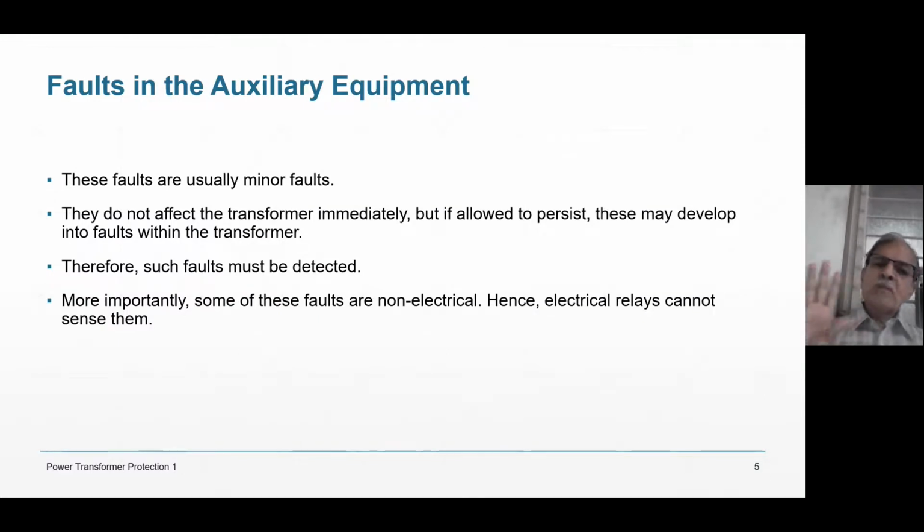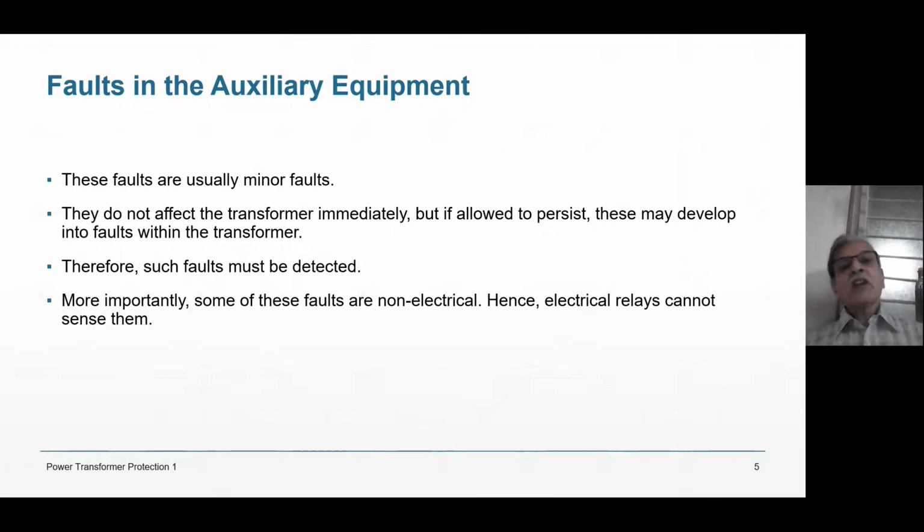These faults are usually minor faults. They do not damage the transformer immediately, right? But if they are allowed to persist, they may develop into serious faults. Therefore, such faults must be detected, sensed, and attended. More importantly, some of these faults are non-electrical. Many of these faults are non-electrical.